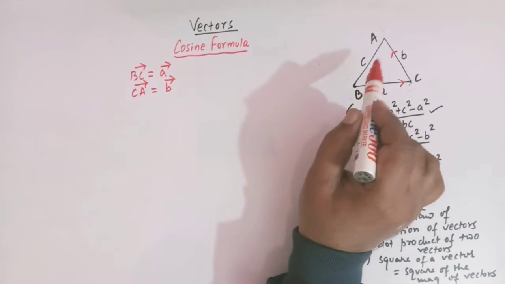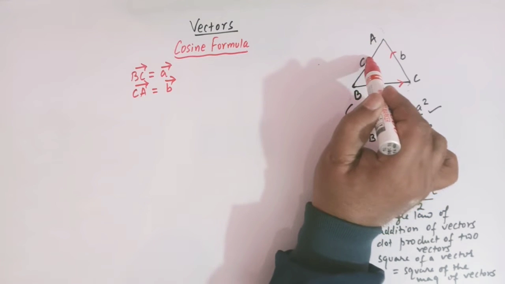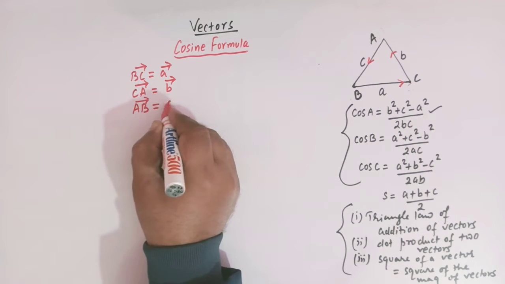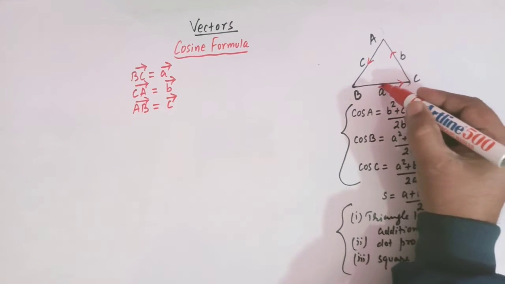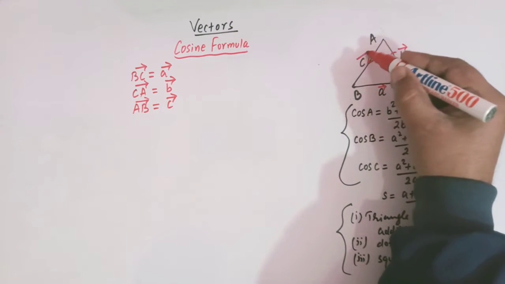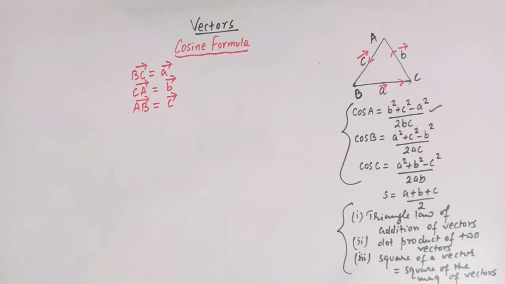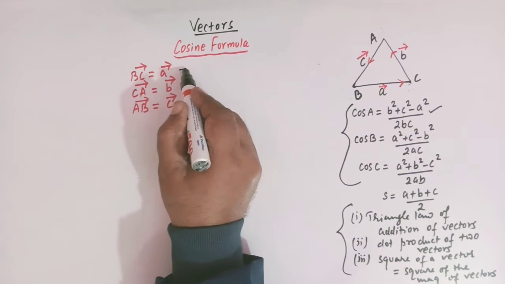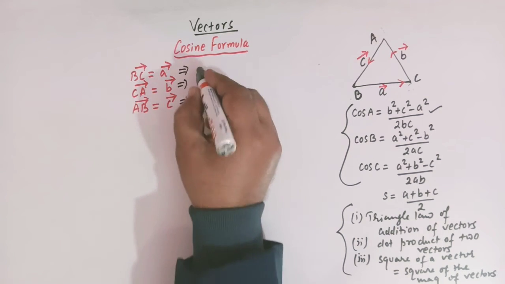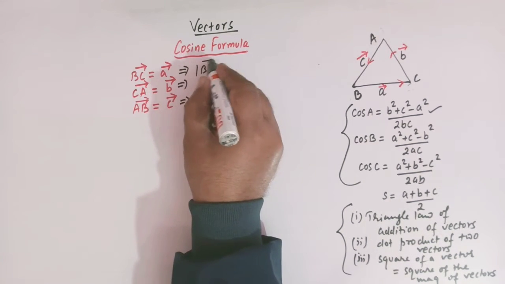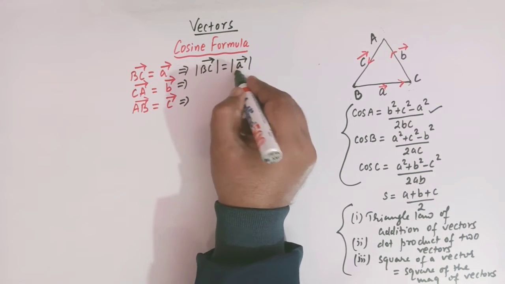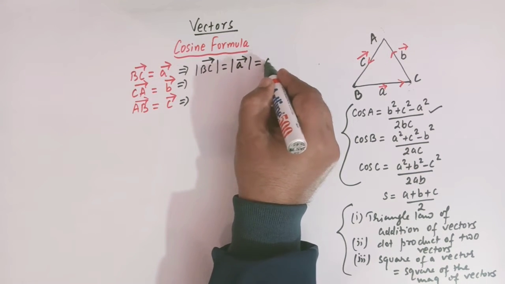And the side AB can be taken as vector c. So now instead of ABC we have the three vectors a, b and c. The magnitude of vector BC, which is the magnitude of vector a, we can simply write as a.